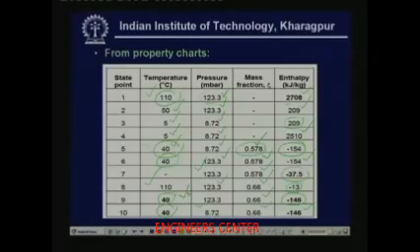Once you have all the points and once you have the PTX and HTX charts, if you locate the points carefully on the PTX and HTX chart, then you can find all the required state point property data. Once you have all the property data, the problem becomes very simple, because all you have to do is take each component and apply mass and energy balance across each component.